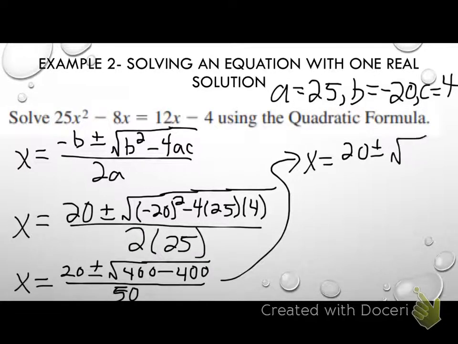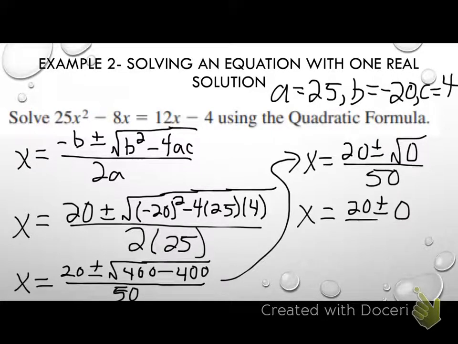What's 400 minus 400? 0. What's the square root of 0? 0, right? So I get 20 plus or minus 0 over 50. Is there a difference between 20 plus 0 and 20 minus 0?